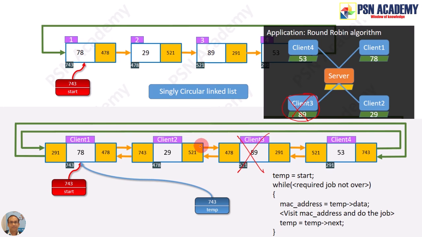If you delete this one, then this link will be directly connected to this one at 291, and the node 291 will have a prev pointer to this, and this node will be pulled out of this list. So you have learned how to delete and pull out the nodes from a singly and doubly linked list. The same technique applies here.